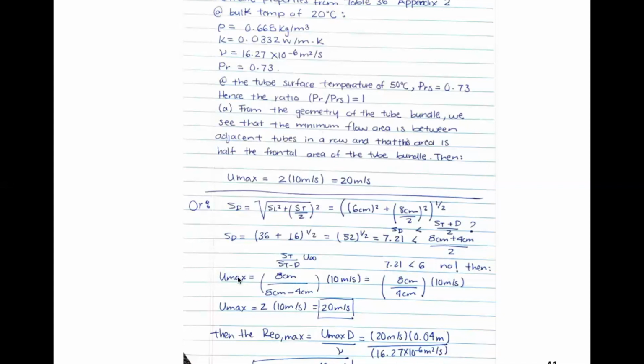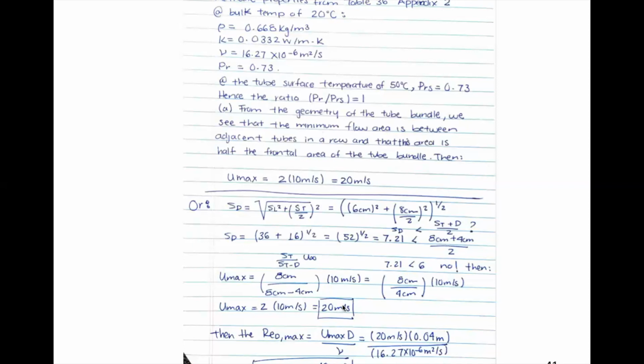And you can go back to the algorithm to check that. So then Umax can be calculated by this equation: ST, transversal pitch, divided by transversal pitch minus diameter, multiplied by the free stream velocity, that is 10. So 8 divided by 4, 2, times 10 gives me 20.